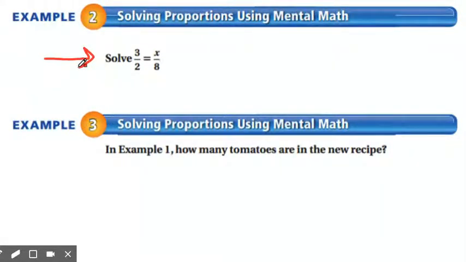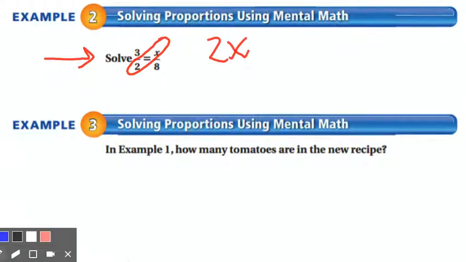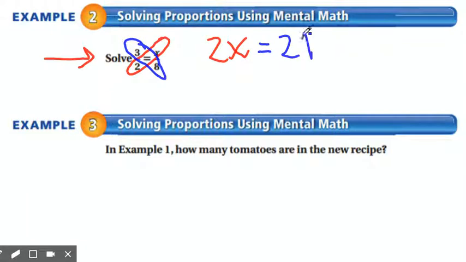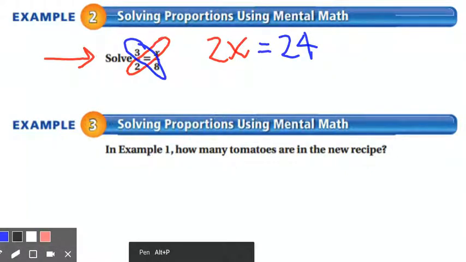I like to cross with our variable first, so I'm going to do 2 times X, which gives me 2X. Now you want an equal sign, and then when we cross the other way, 3 times 8 is 24. So you cross one way and you multiply, equals, and then you cross the other way and multiply.